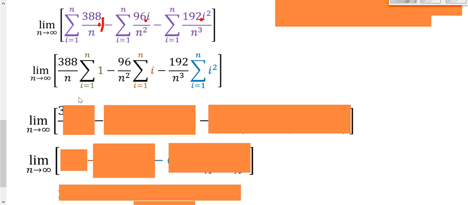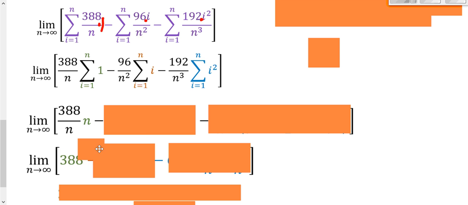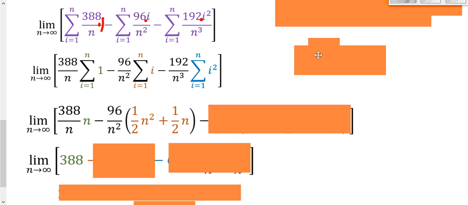So you have a formula for the sum of 1, and that's n. So we'd have 388 over n times n, which you know is 388. Here we'd have our negative 96 over n squared, and then we have a formula for the sum of i, so we can plug that in.